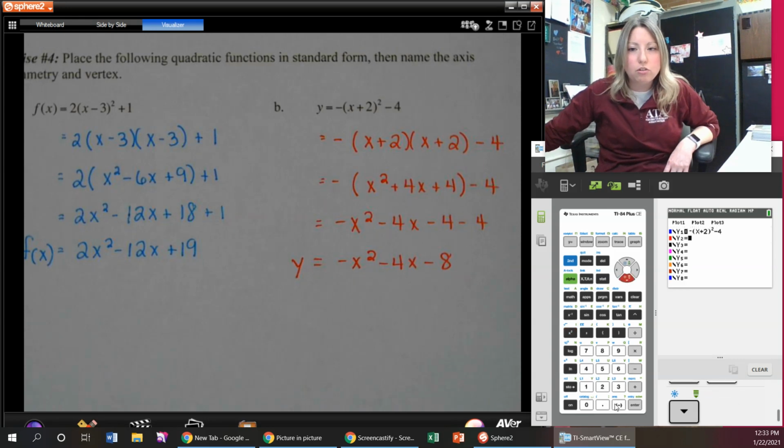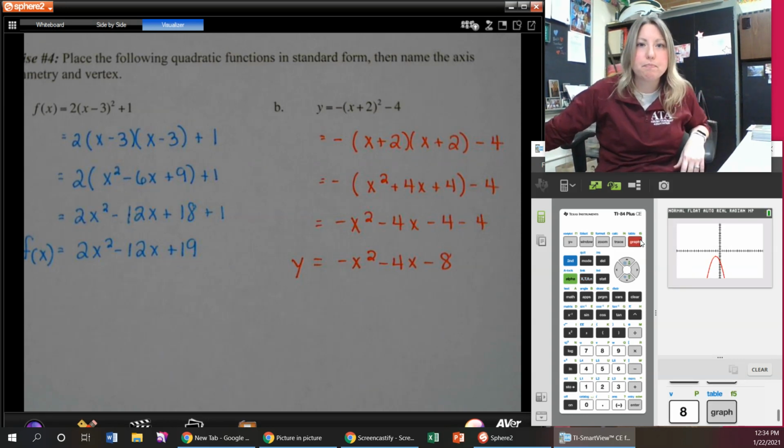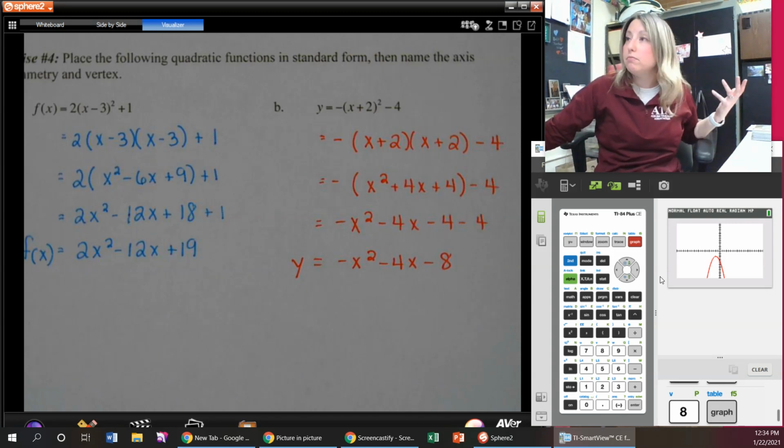And then our new guy should be negative, the little guy underneath the 3, x squared minus 4x. Oops. Try that again. I was down here. Pressing the wrong buttons. There we go. Minus 8, and graph to see it. Got it. Yeah, that's it.